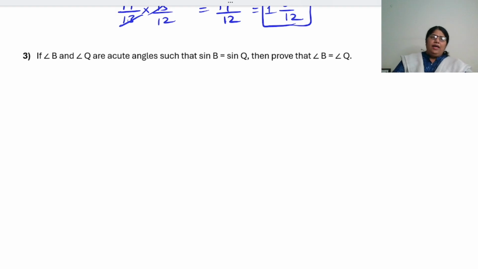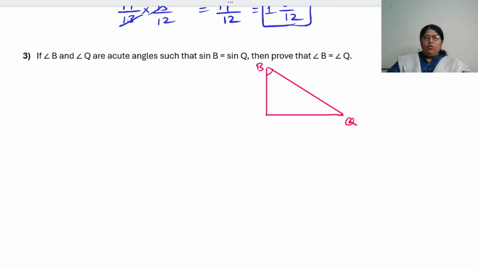Now you know that in any right triangle, if I draw a right triangle here, one of the angles is going to be 90° and the other two angles are always acute angles. Right? So here angle B and Q are acute angles. So what you are going to mark here, angle B, angle Q can't be 90°, right?